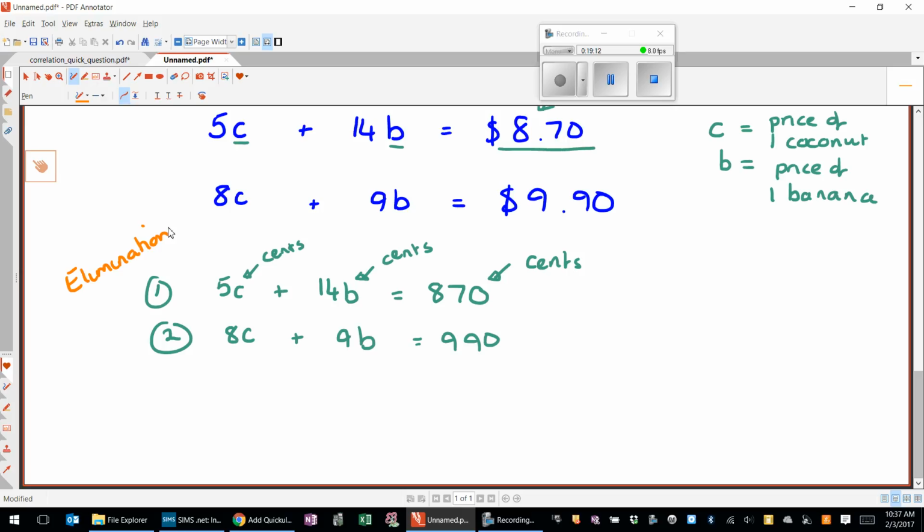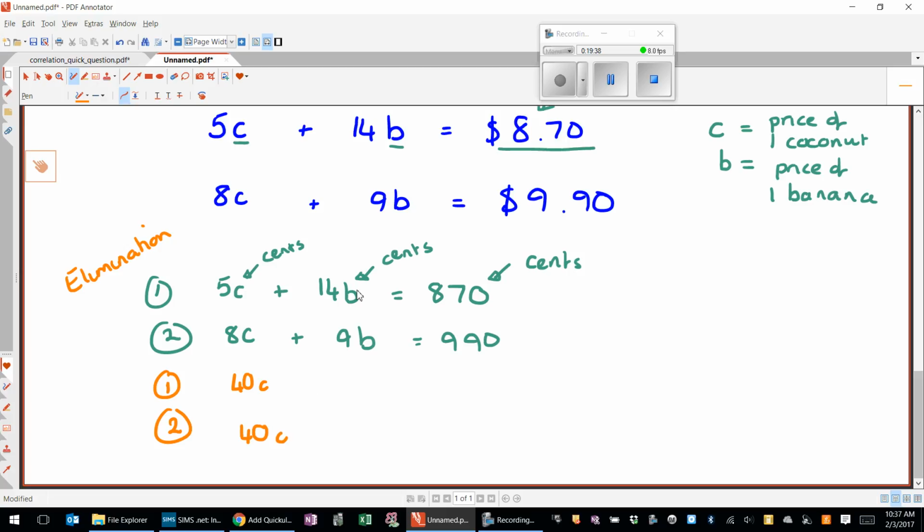We have to multiply. Yeah? To multiply all these C's, all these B's, and all these. So what do you want to multiply by, say? There's lots of options, isn't there? So we want to make this 40. Okay. 40C, 40C.